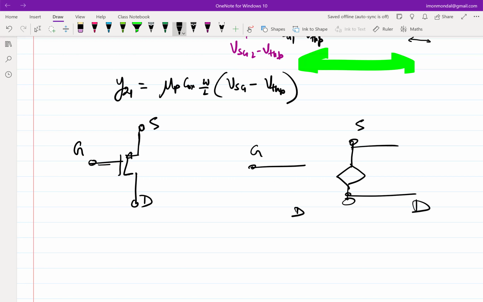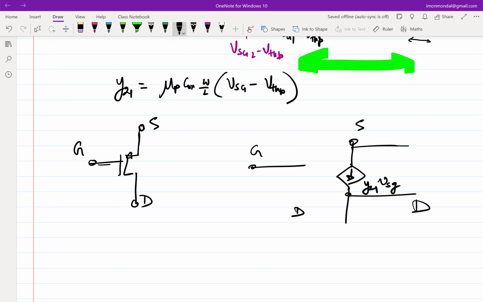But on the output side, we have Y21 that is necessary. So it becomes Y21 times VSG. And again, what is the direction of the current? Downward. An easy way to remember: if I increase the source voltage, the source to drain current increases, right?